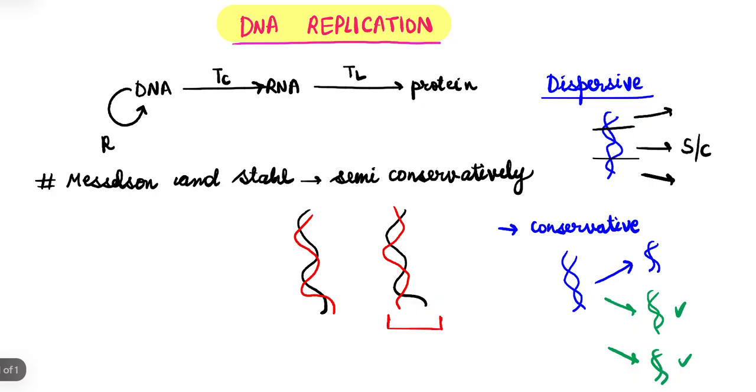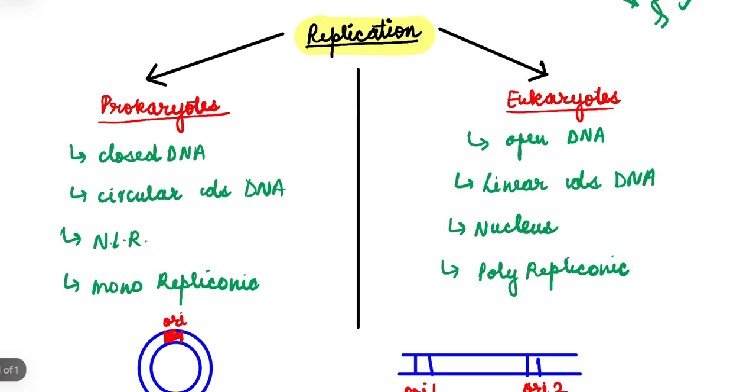Means the whole of the parental strand got dispersed and then it started forming the new progenies. So there are three modes of replication, but out of them only one is accepted and is true, that is the semi-conservative mode of replication, which was put forward and explained by Meselson and Stahl's experiment.